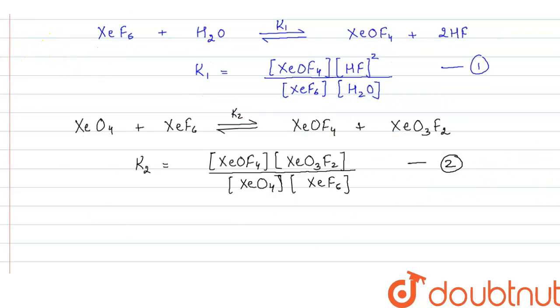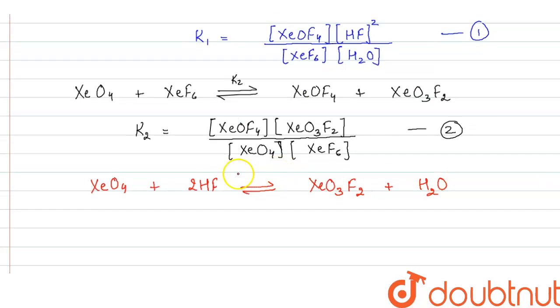Now we have the third reaction, that is XeO4 plus 2HF reacts to give XeO3F2 plus H2O. Let the equilibrium constant for this reaction be K3.